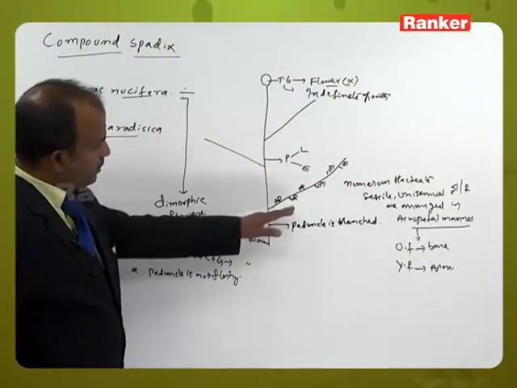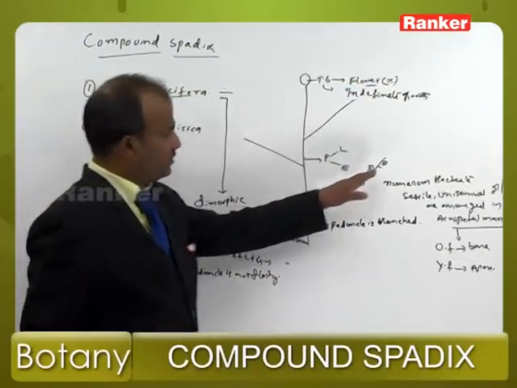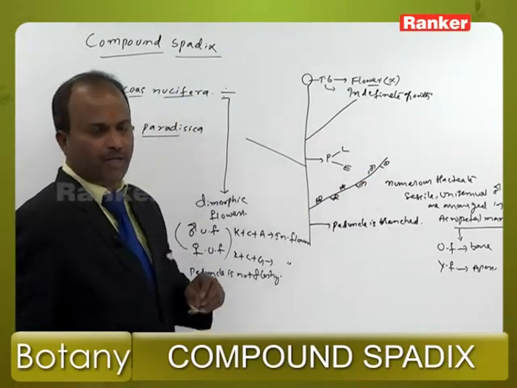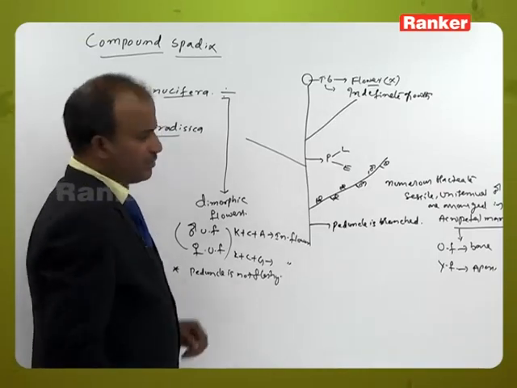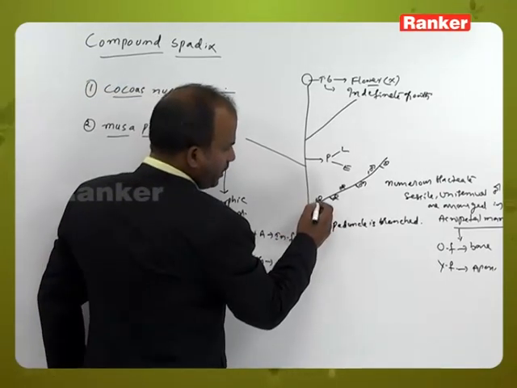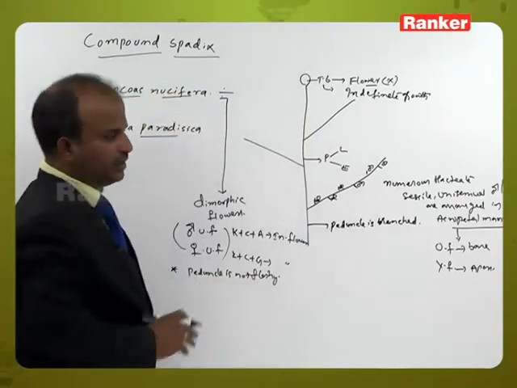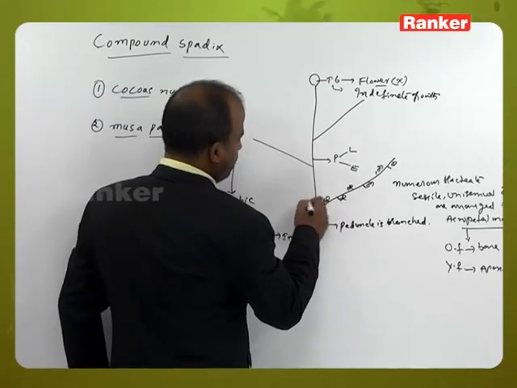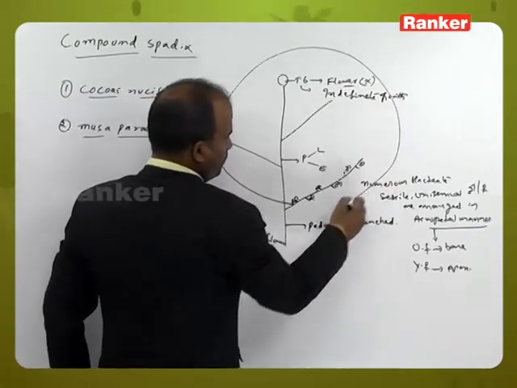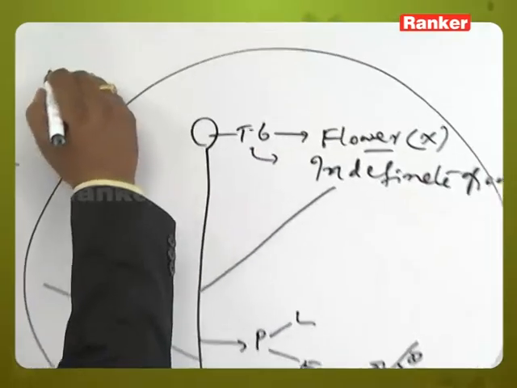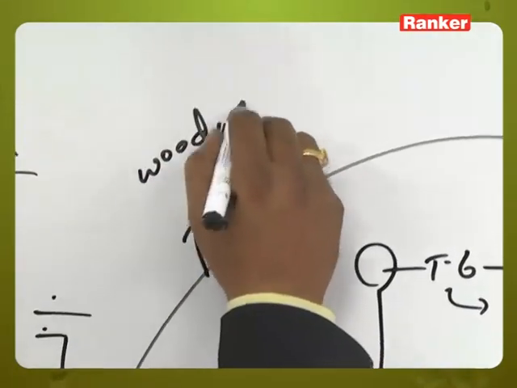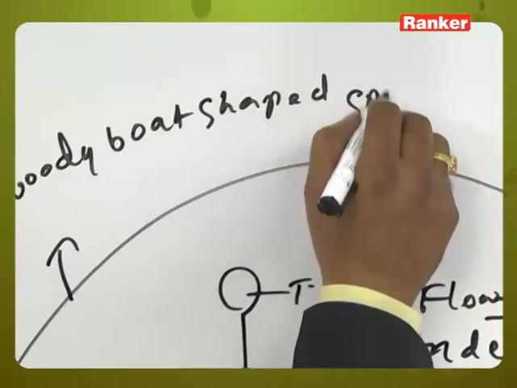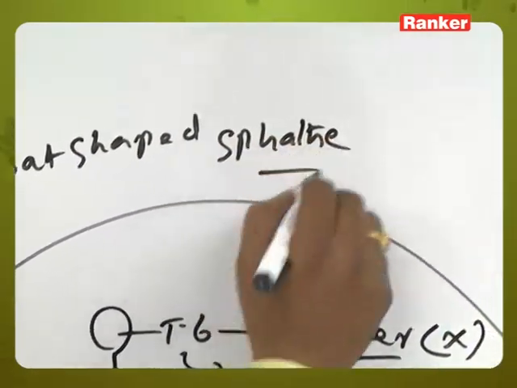That means at the base of the branch it shows female unisexual flowers, and above the female flowers it shows male unisexual flowers. The complete inflorescence is covered or protected by one woody boat-shaped spathe.